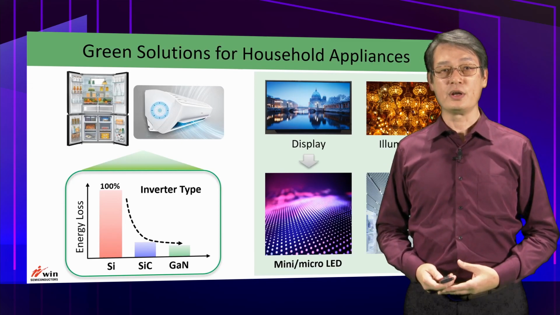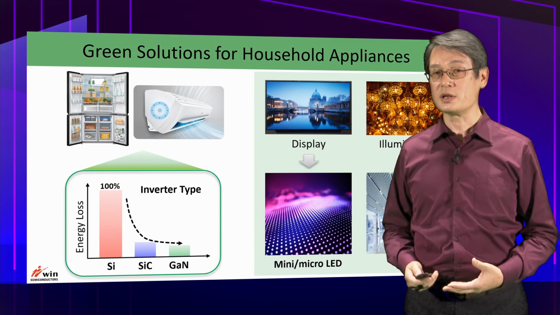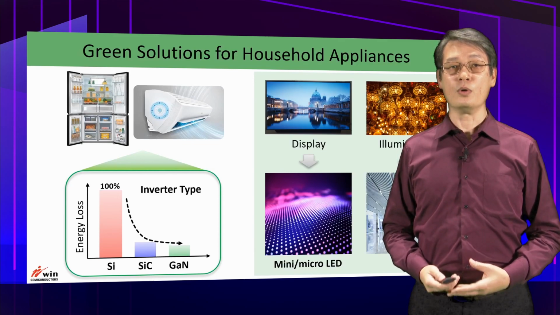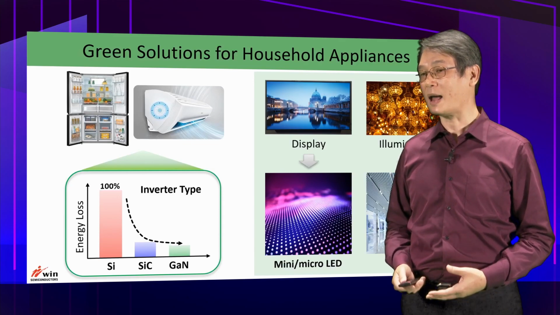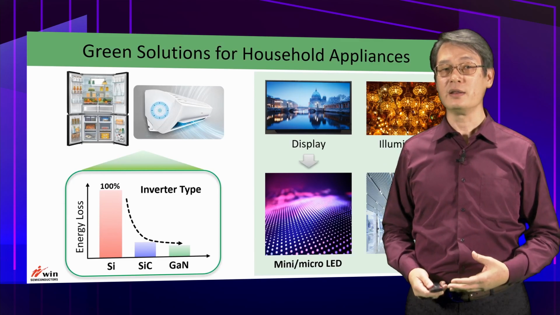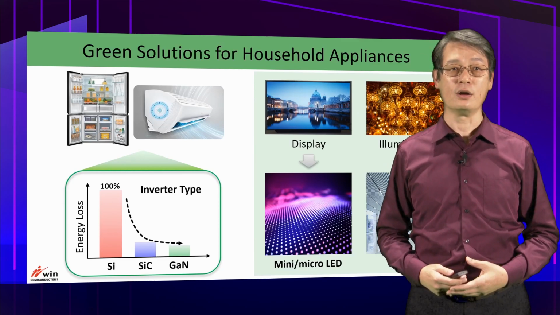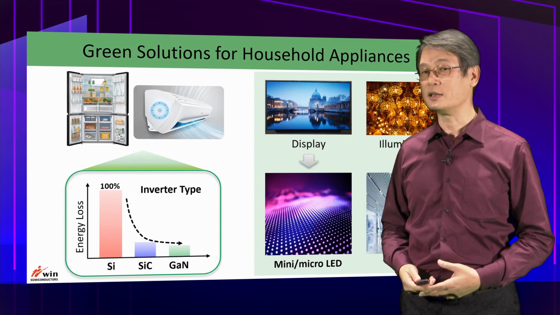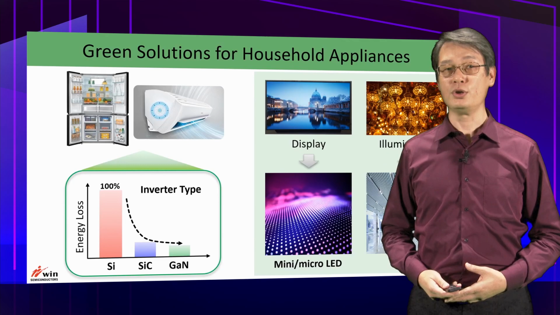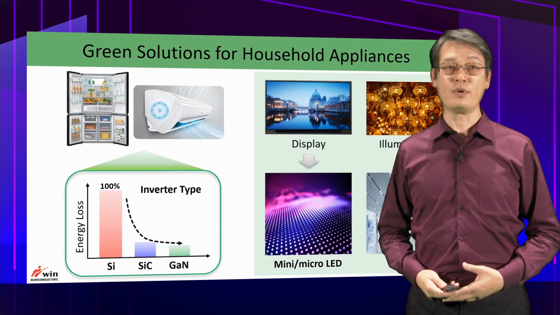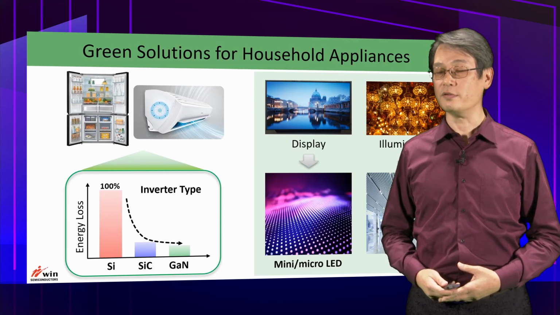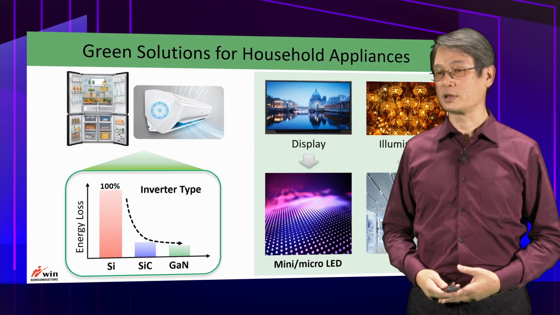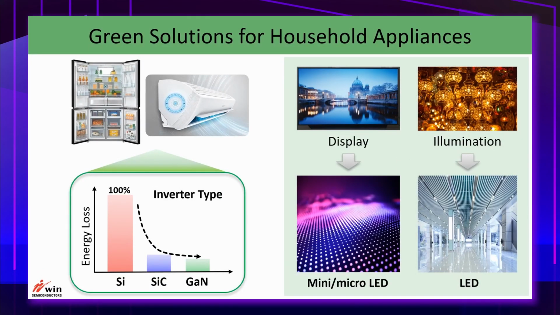Refrigerators, air conditioners, TV, and illumination are the top 4 most energy-consuming household appliances. Collectively, they consume around 50% of household electricity. Compound semiconductor devices help to greatly reduce energy loss. For example, using compound semiconductor power inverters, the energy loss can be reduced by more than 80% for refrigerators and air conditioners.